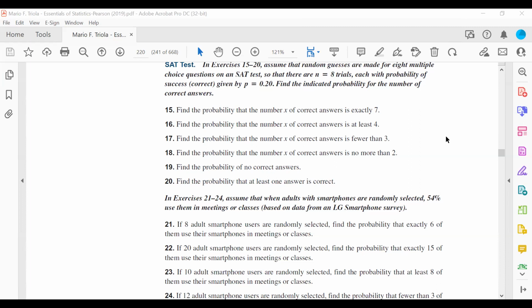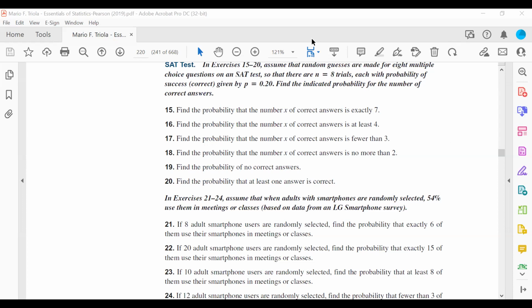So you have to make sure that you write down the term that's describing the 7. What is the 7? Is it exactly? Is it at least? Is it fewer than? Is it at most? What type of 7 is it? Oh, it's exactly. Exactly 7. So I want to find the probability.